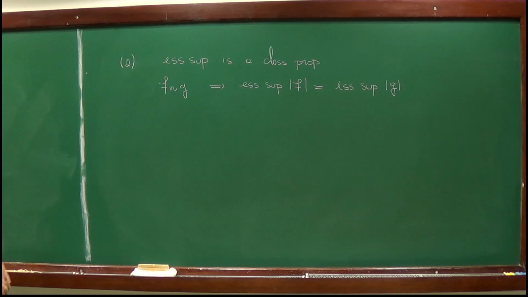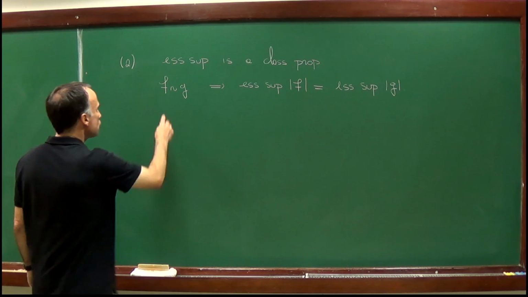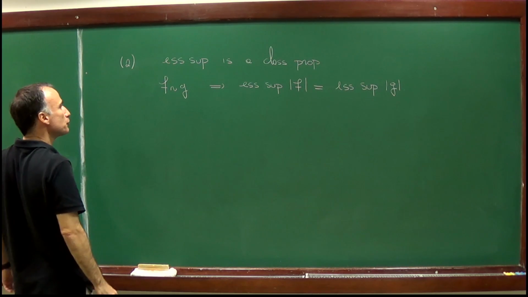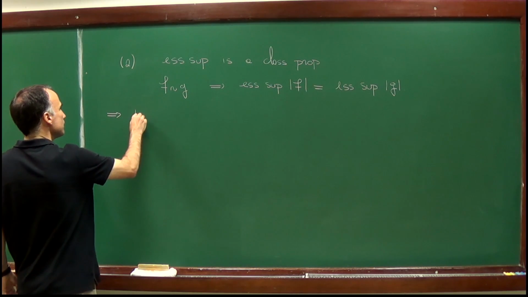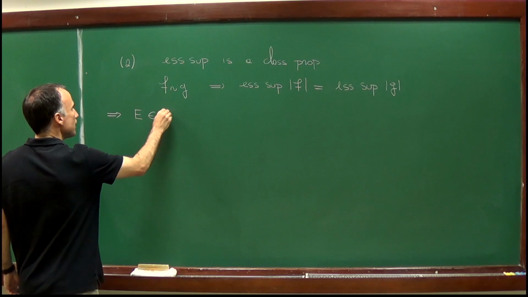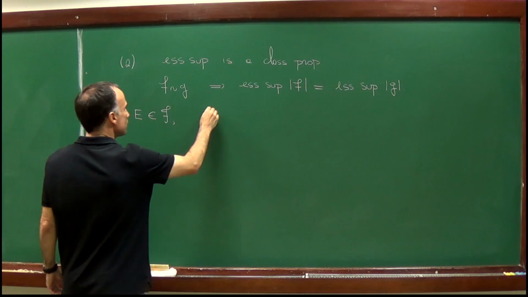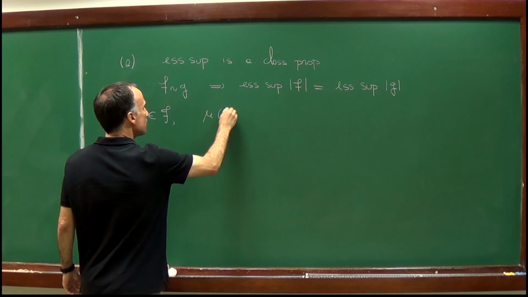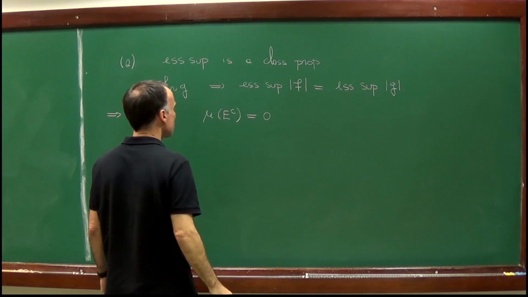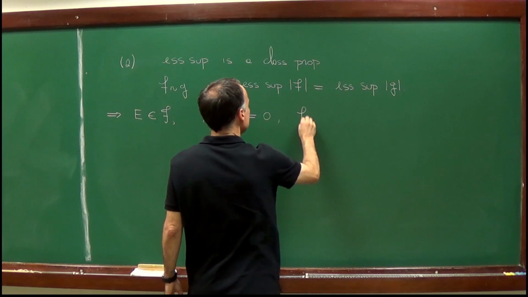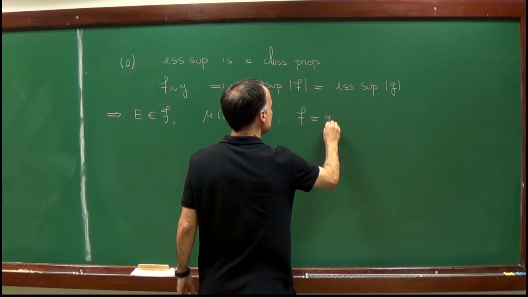And that's very easy. Assume that f is equivalent to g. This means that I can find a set E in the sigma-algebra such that mu of E complement is equal to 0, and f is equal to g on E.